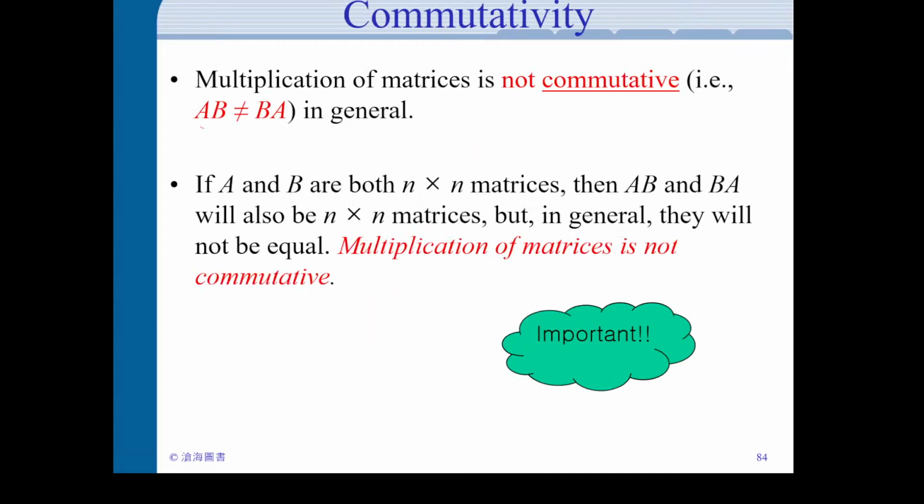So matrix multiplication is not commutative in general. And if A and B are both n by n matrices, then AB and BA have the same dimension, but in general they still are not equal. Matrix multiplication is not commutative.